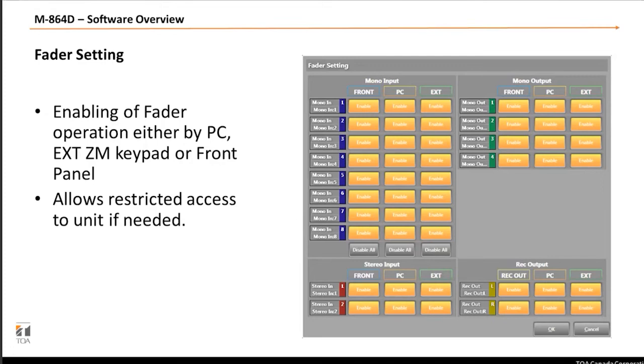So if you don't want an accident to happen, like somebody lifting a slider on the front of the machine, well, you can disable this slider and give the control only to the PC or the external control that could be the ZM controllers that we have discussed earlier. But if those are not properly set up in your project, well, you can have some accidents over the control of the volume.